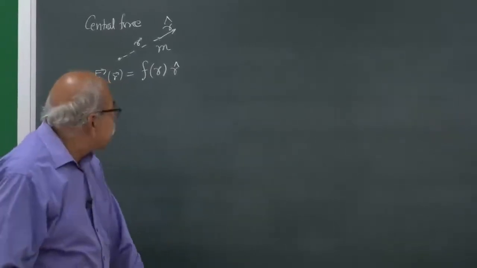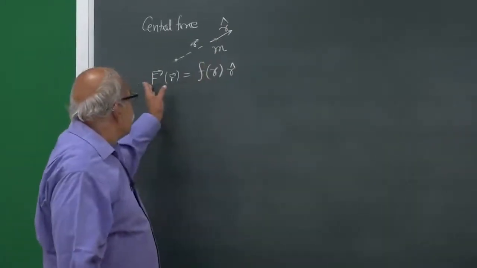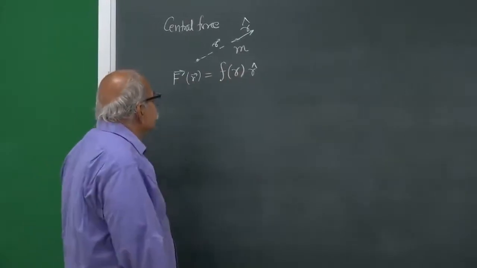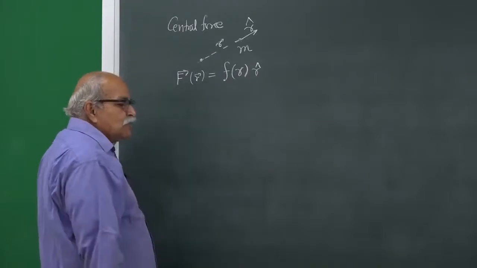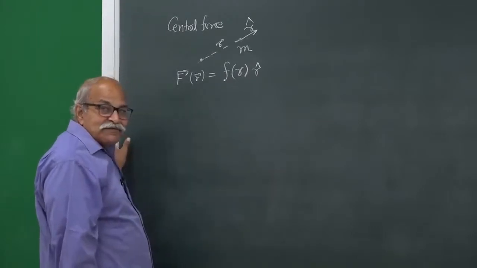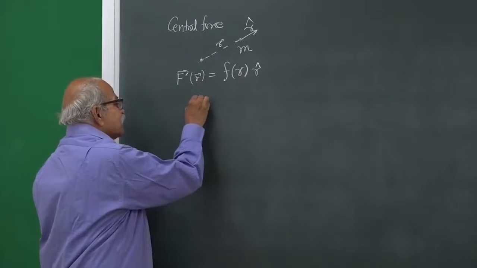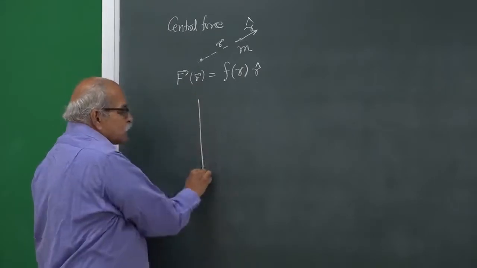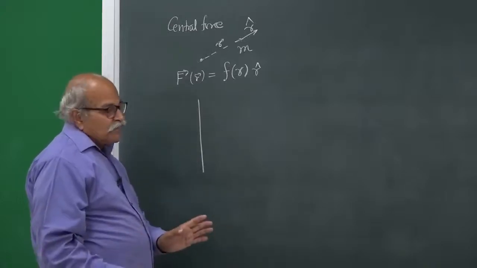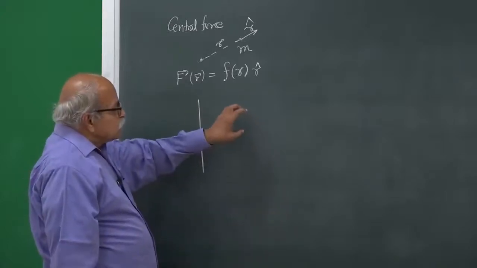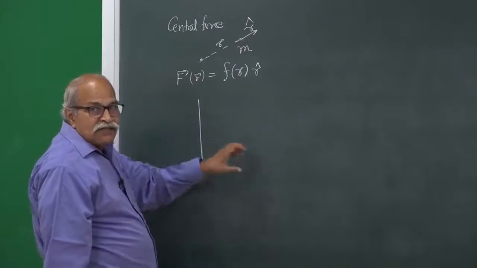Now, suppose this particle is acted upon by this central force, and we ask what is the angular momentum of the particle. How do I write the angular momentum of the particle? First let us take some axes, and in this process I will tell you more about another coordinate system in 2 dimensions, which is known as plane polar coordinates.